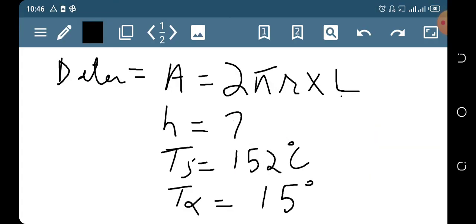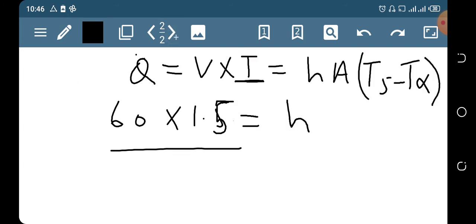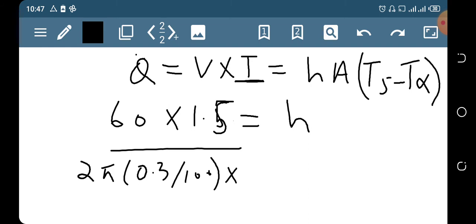So now this area will be 2 pi, and the radius is 0.3 centimeter, so we divide by 100 to convert to meters, multiplied by the 2 meter length.